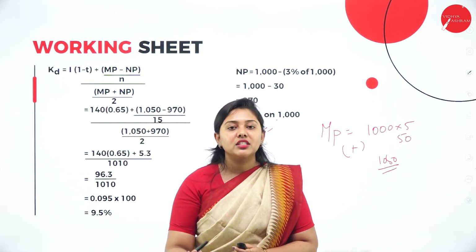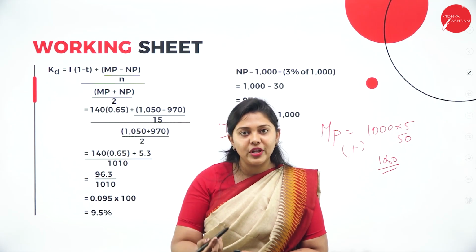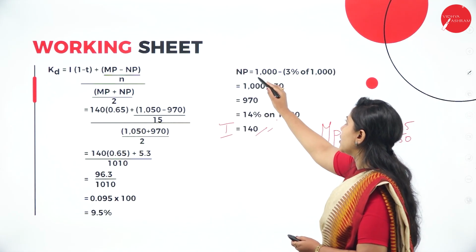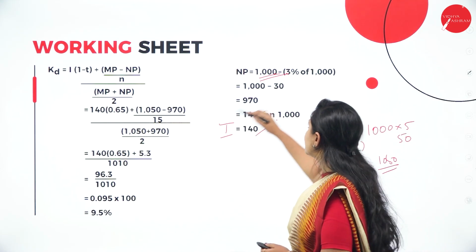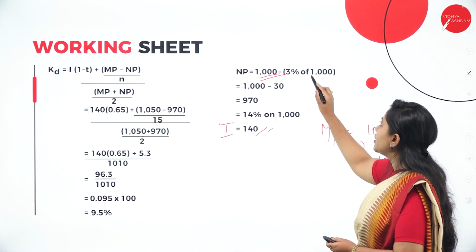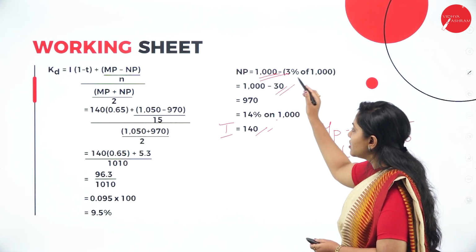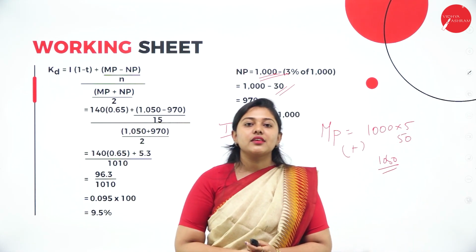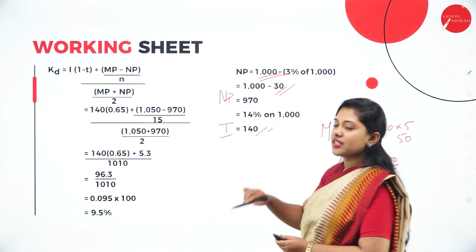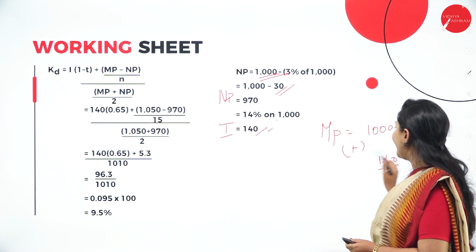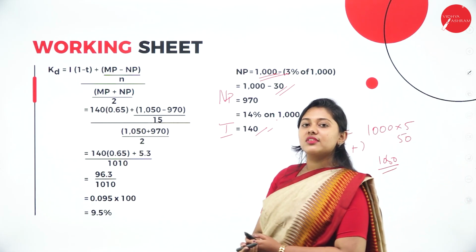Because we are redeeming at a premium but it was sold at par, and they have incurred flotation cost of 3%. 3% of 1000 is 30 rupees, so 970 will be your net proceeds. So net proceeds is 970, interest is 140, maturity value is 1050.